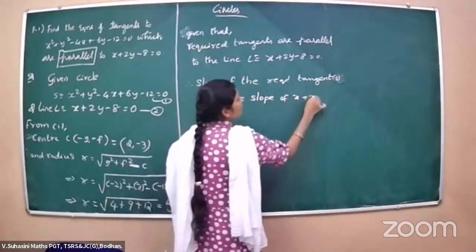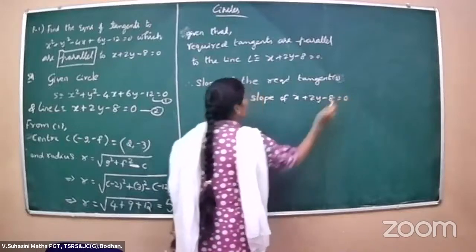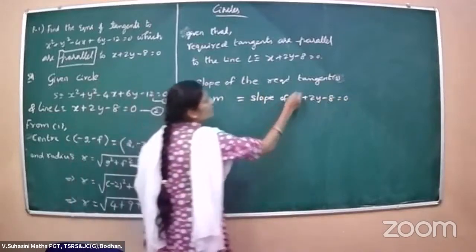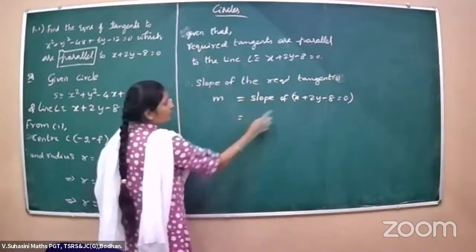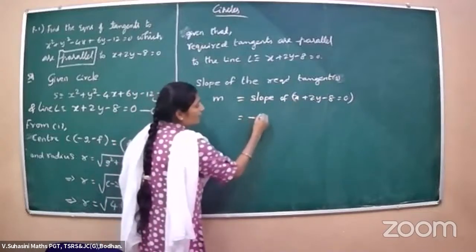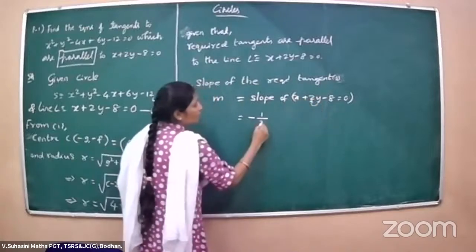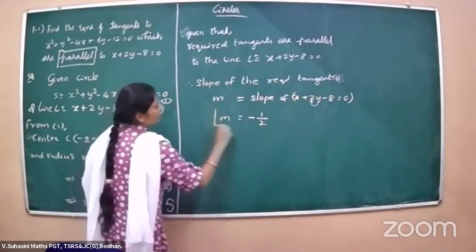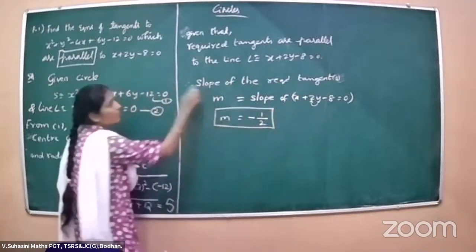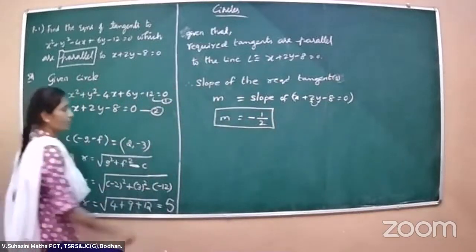Slope of x + 2y - 8 = 0. What is the slope of the line? If the equation is given in the standard form, it is minus x coefficient by y coefficient. M is equal to minus 1 by 2. What is M? The slope of the required tangent.